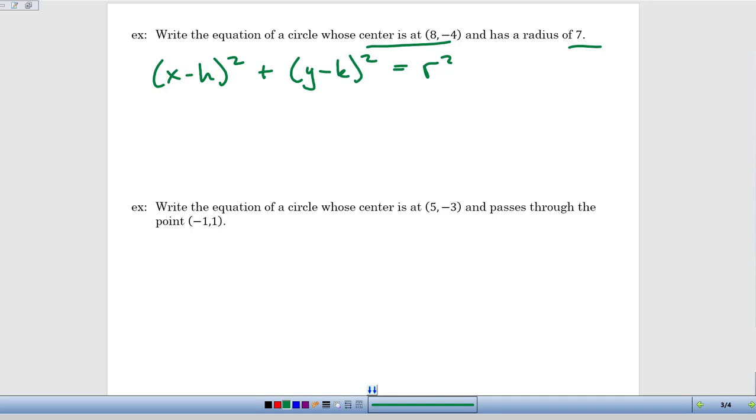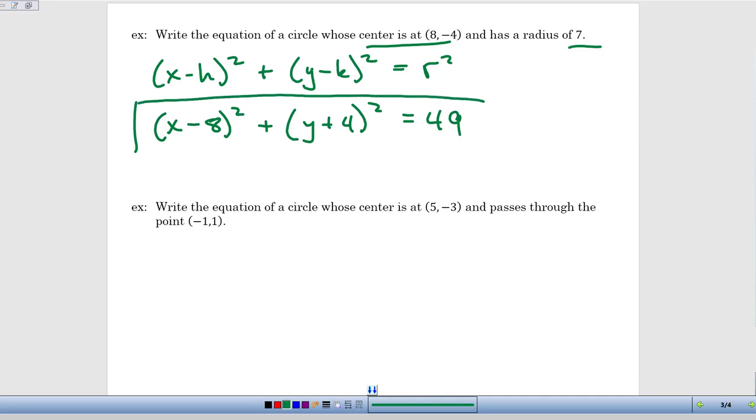So 8 is the x-coordinate of the center, so we're going to have (x - 8) squared, because it's x minus the x-coordinate, squared, plus y minus k, but because k, the y-coordinate of the center, is -4, it's going to become (y + 4) squared equals, and then the radius is 7, so 7 squared equals 49.